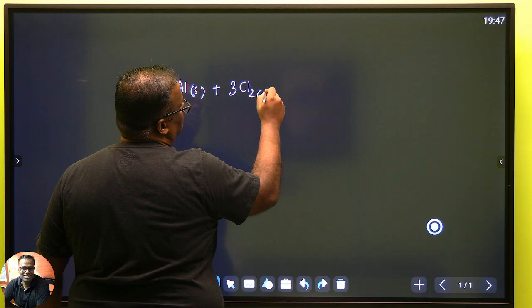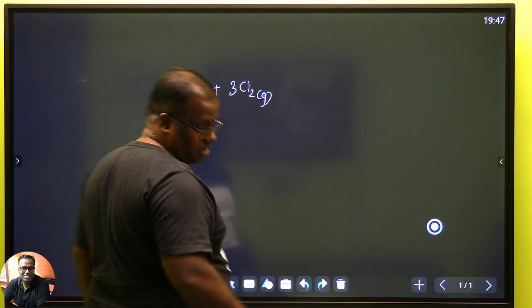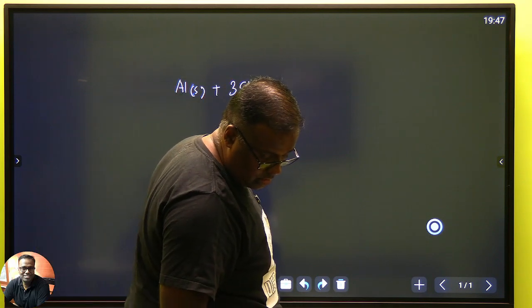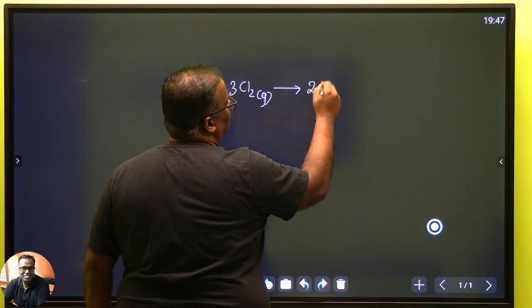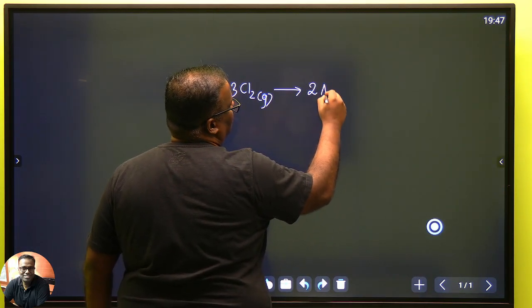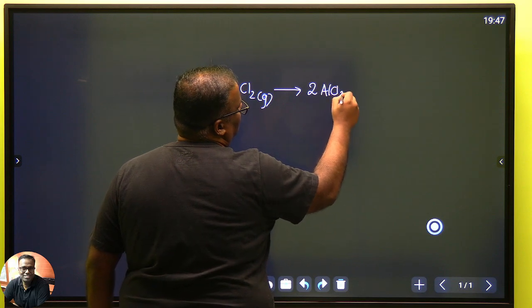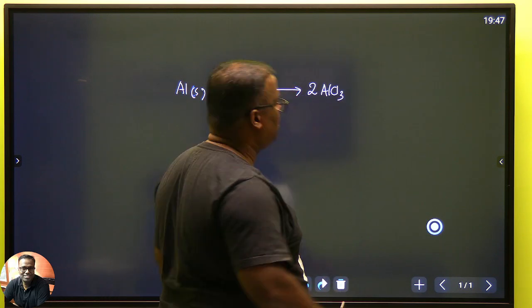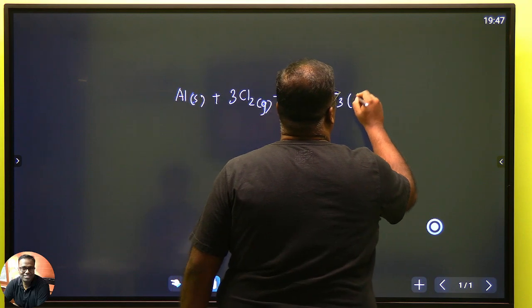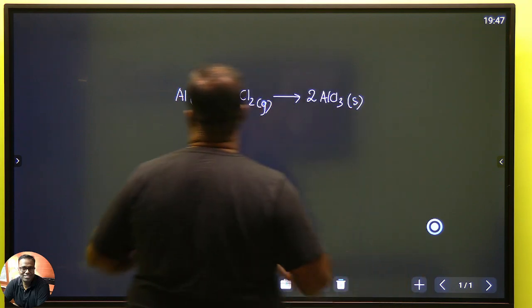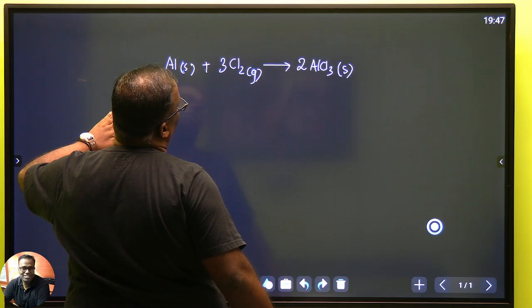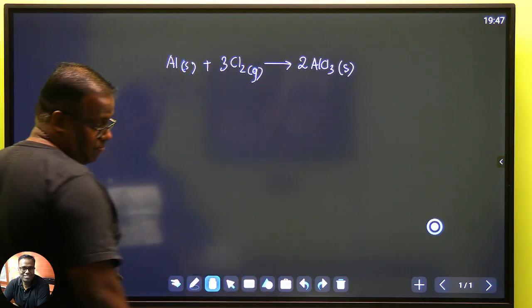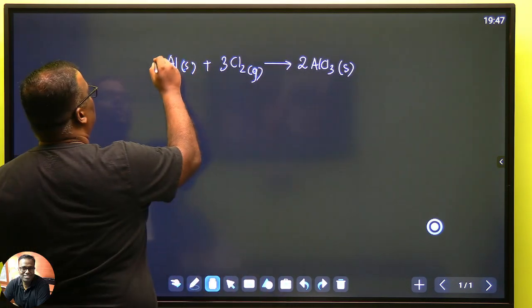This is gas, and it gives me 2AlCl3, aluminum chloride, which is also solid. Okay, ये reaction है, and this is 2Al.